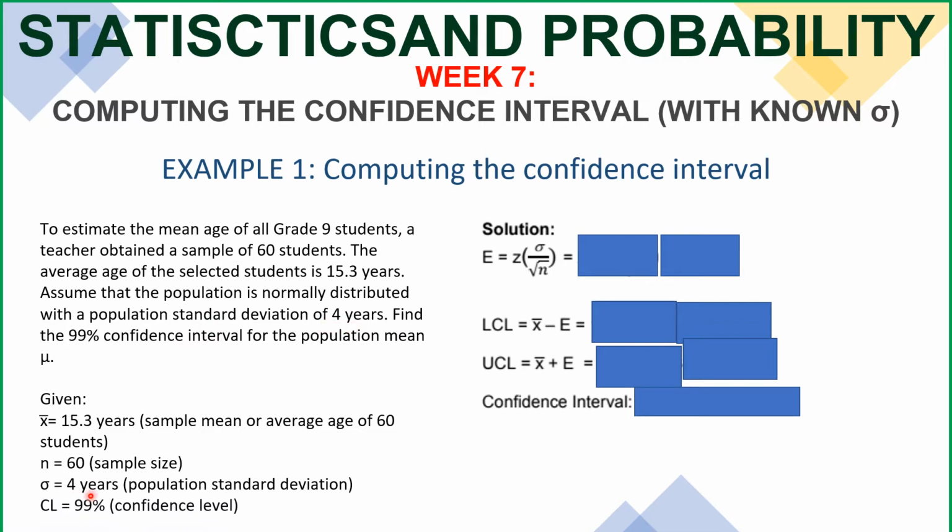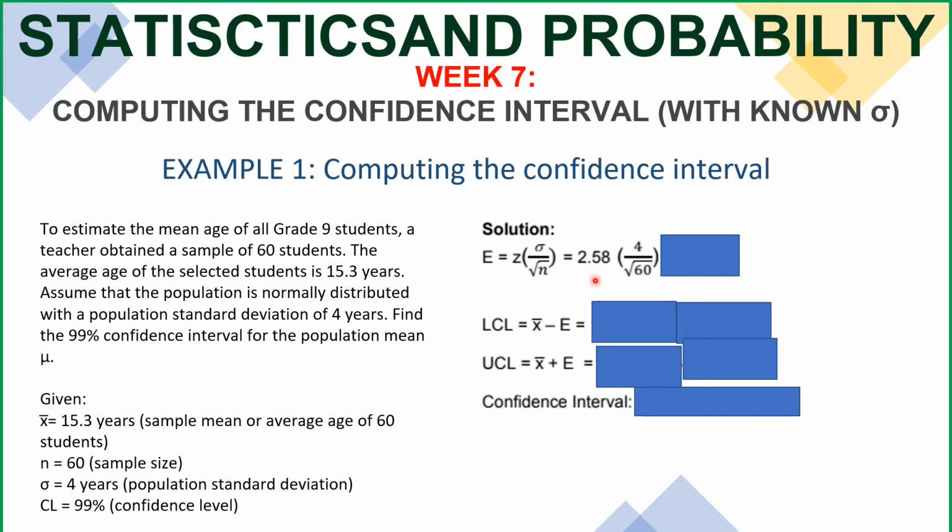And lastly is the confidence level, which is 99%. So, nandito naman, 99% confidence interval. So, first, sulat muna natin yung mga formula. Formula for margin of error is z multiplied by sigma all over square root of n. And, what we have to do is to substitute.